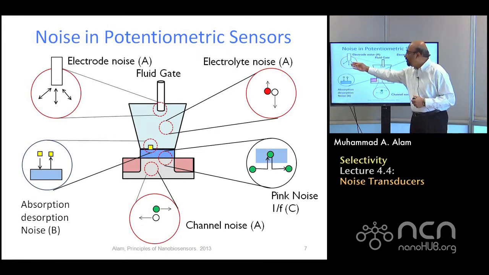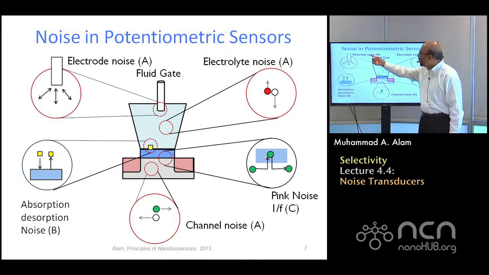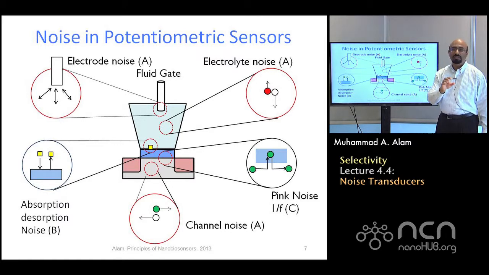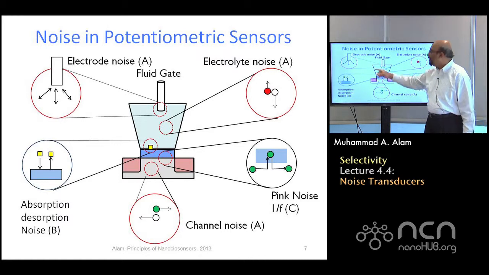It's never a constant number, it's constantly fluctuating about a mean value. So there is a noise associated with it. We'll call this noise electron noise, and we'll use the symbol A to classify it. So we'll say it's a type A noise.